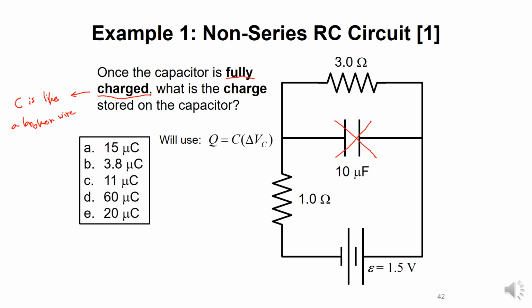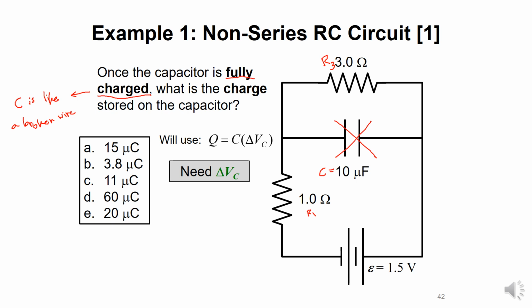All right, so eventually we want to use this equation, Q equals C times delta V, right? Now we have the C, the capacitance of 10 microfarad. Let's write this down. And let's call this R1 and R3, our two resistors.